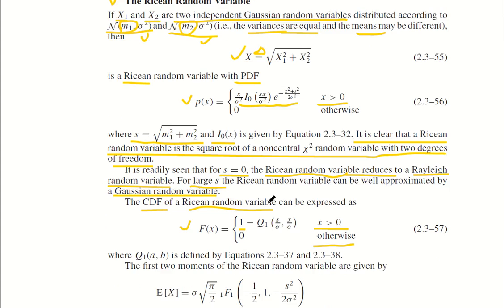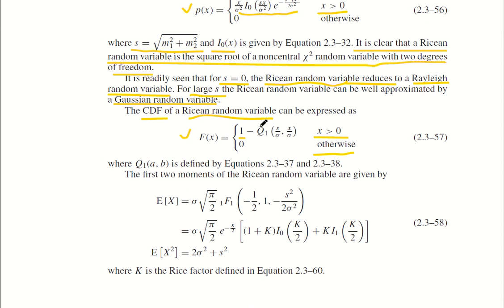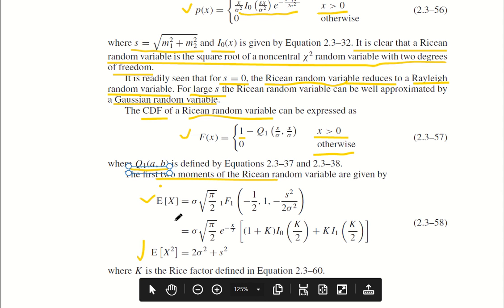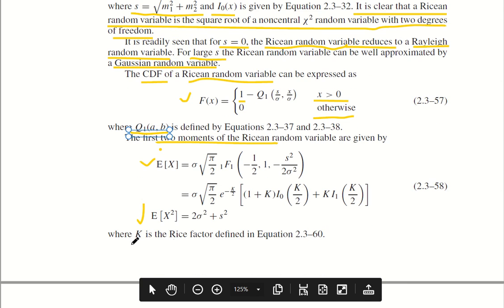So it's 1 minus Q1(s/sigma, x/sigma), where Q1(a,b) is defined by this. And the first two moments are given by this and this, where K is the Rice factor.